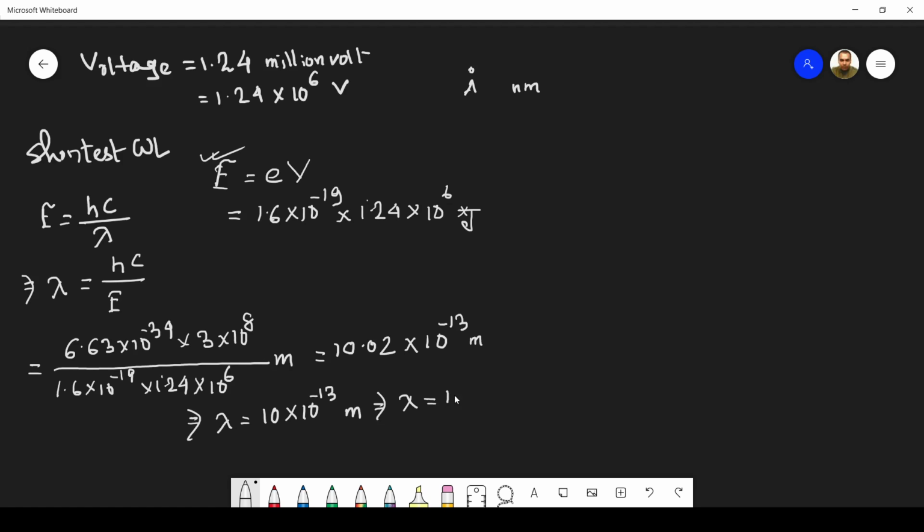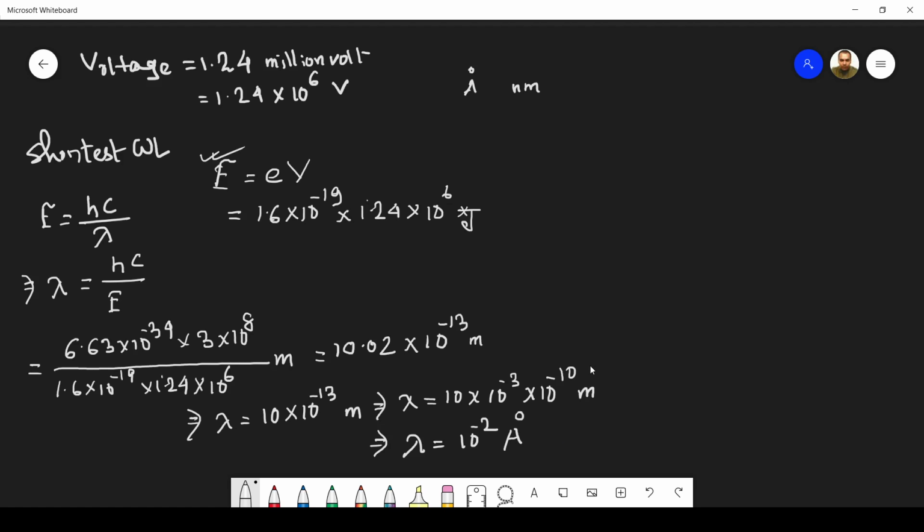If we express the wavelength in angstrom, 1 angstrom is 10 to the power minus 10 meter. So wavelength is 10 multiplied by 10 to the power minus 3, which is 10 to the power minus 2 angstrom.